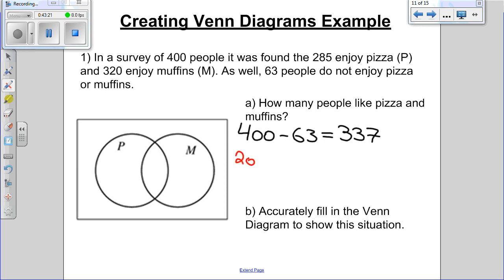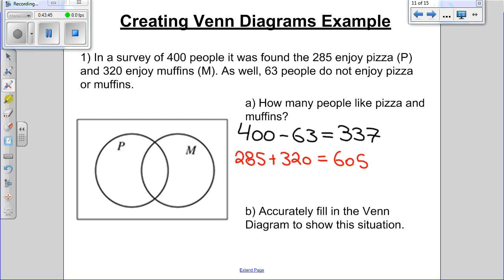So if we add those numbers together, we should get 605, I think. 605 people answered yes to pizza or muffins.